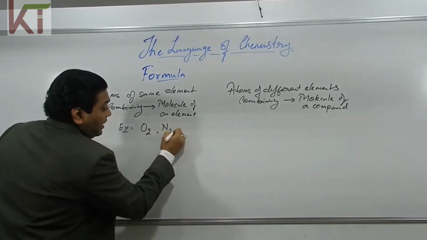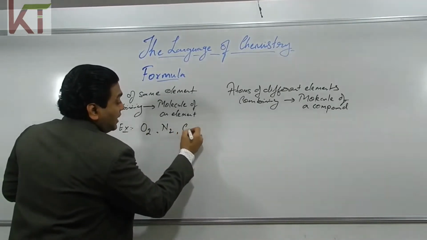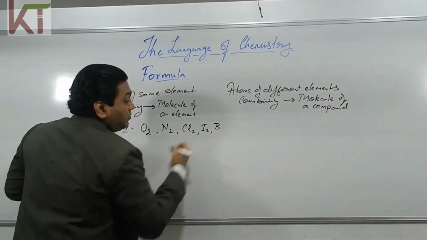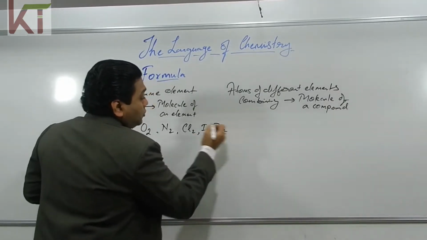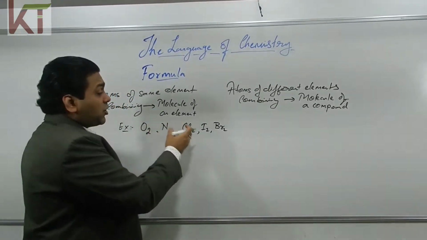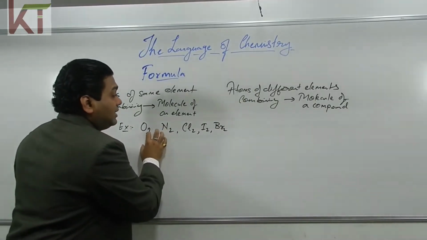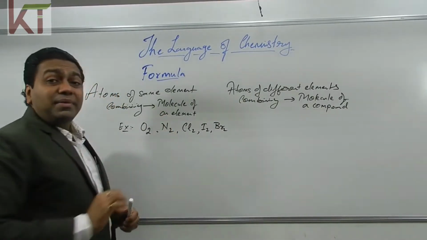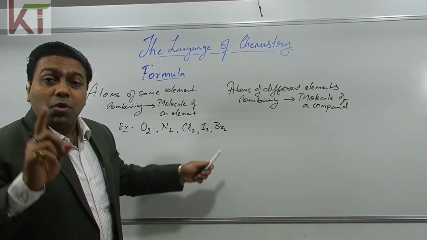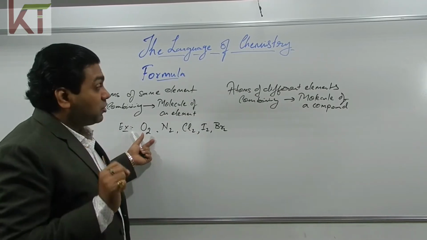Again, we have nitrogen as a diatomic molecule, we have chlorine, iodine, bromine, correct? So Br2. So you see, oxygen, nitrogen, chlorine, iodine, bromine are all molecules of an element, where the atoms of the same element are combining together to form one molecule of an element.